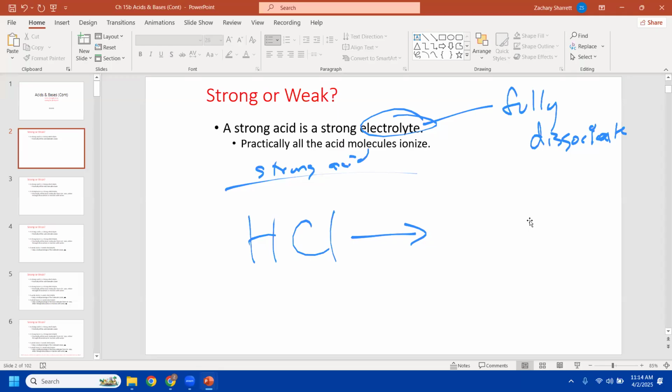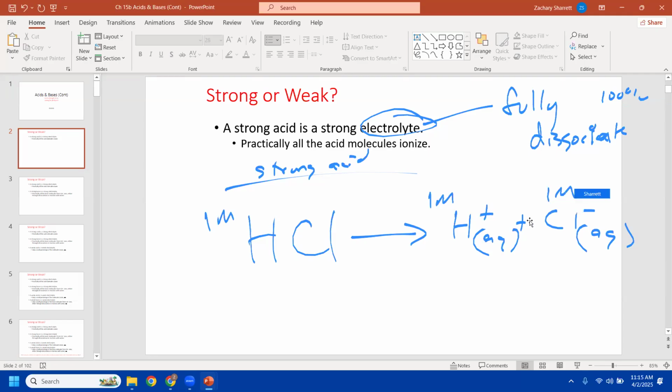When HCl is in water, it makes H plus and Cl minus, okay? A strong acid fully dissociates, or 100%. So if you start off with 1 molar HCl, you would have 1 molar H plus and 1 molar Cl minus. Everybody see that? You get 100% dissociation.